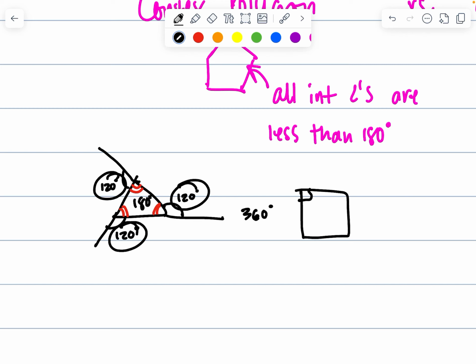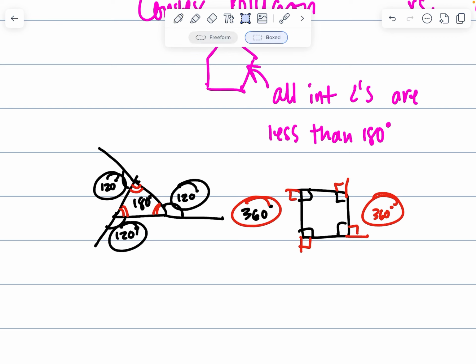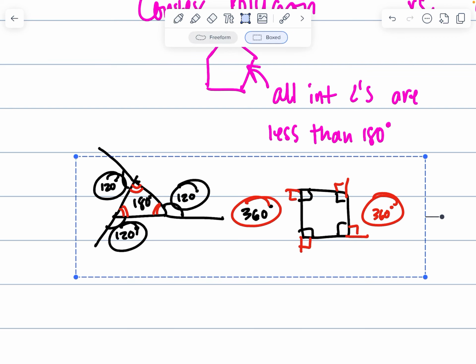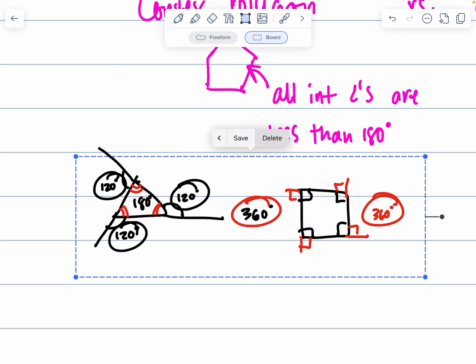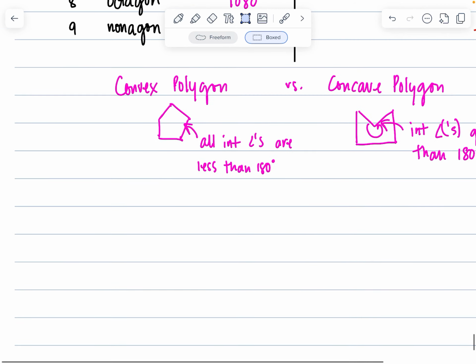And if you actually do this for, let's say, a square or even a rectangle, well, if you do the exterior angles, you get another 90 degrees, another 90 degrees, another 90, another 90, which makes 90 times 4, 360. Is this a coincidence? Absolutely not. Because you could actually repeat this over and over again with any shape, whether it's a pentagon or a 20-gon, and you should realize that the sum of the exterior angles will always be equal to 360 degrees.